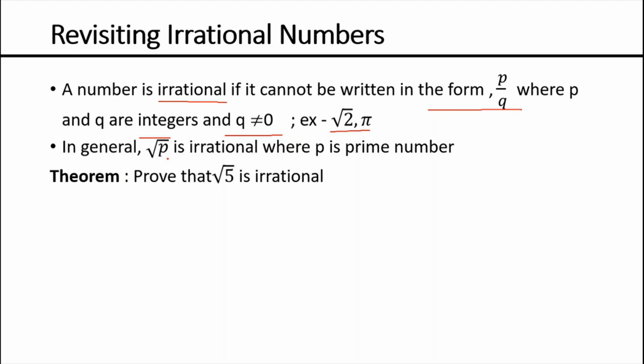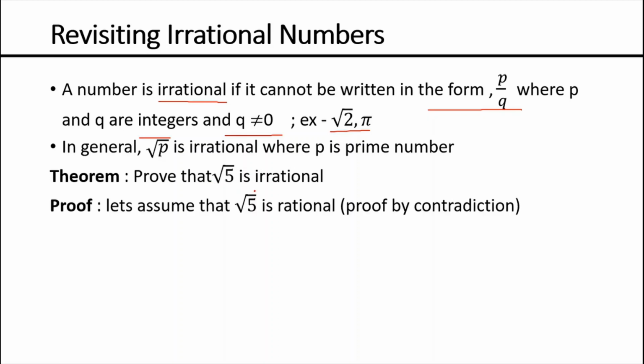We will look at the proof of an important theorem which appears almost every year in the board examination. Here we are trying to prove that square root of p, where p is a prime number, or square root of any prime number, is irrational. As an example, we have taken a proof that square root of 5 is irrational. We will approach this by proof of contradiction.